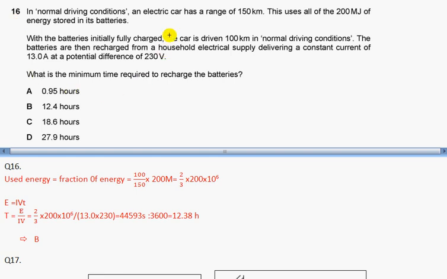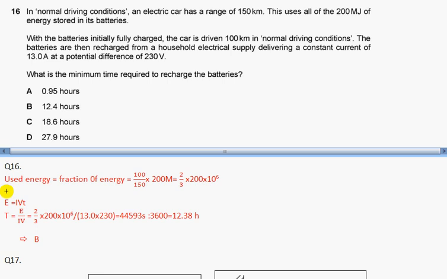So after using the battery for 100 kilometers, it lost some energy. The used energy will be a fraction of the total energy. The fraction is 100 kilometers by 150, and this energy we should provide again.